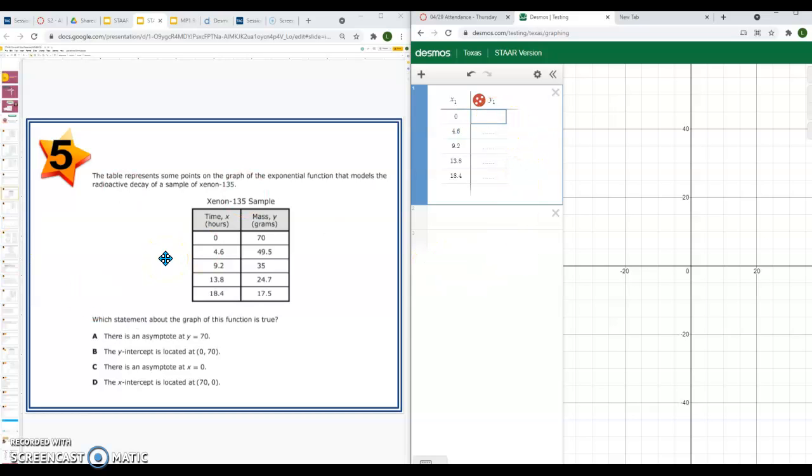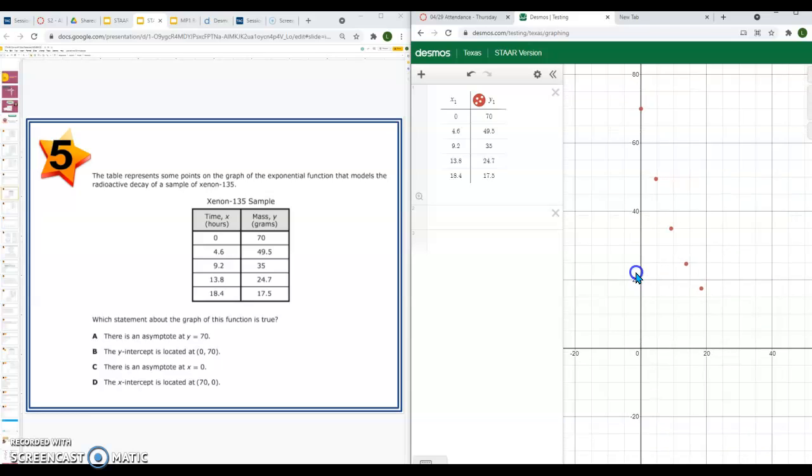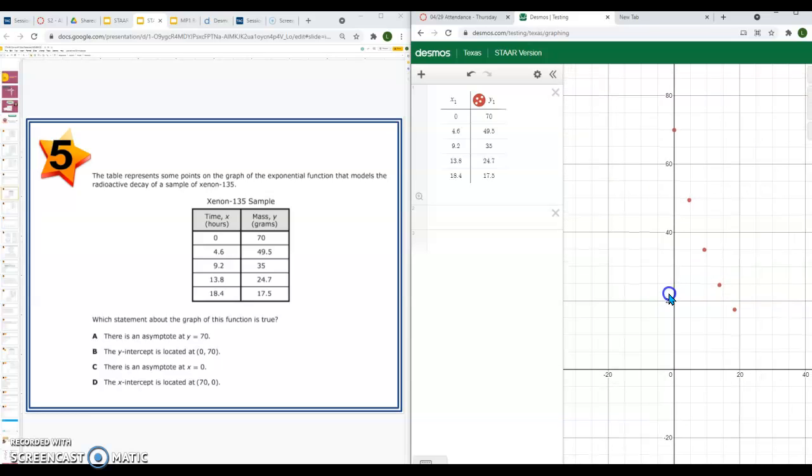So my y values are 70, 49.5, 35, 24.7, and 17.5.